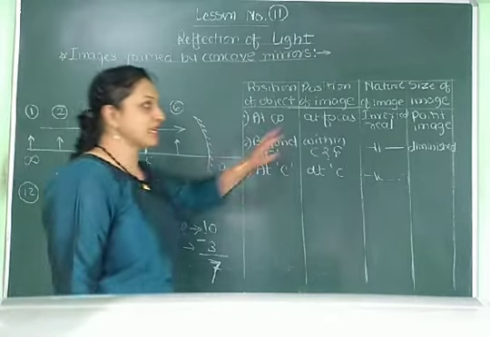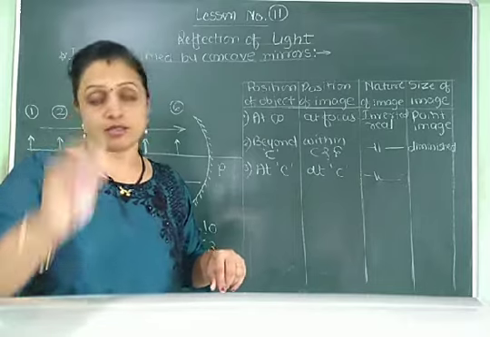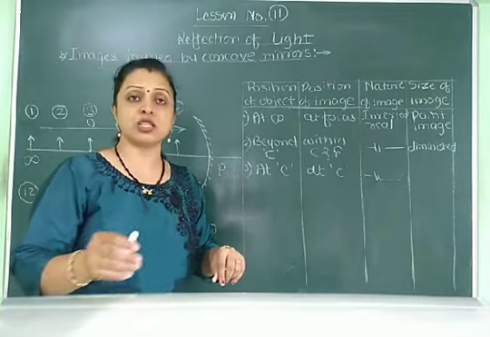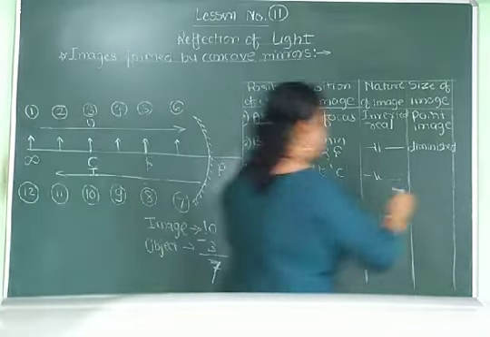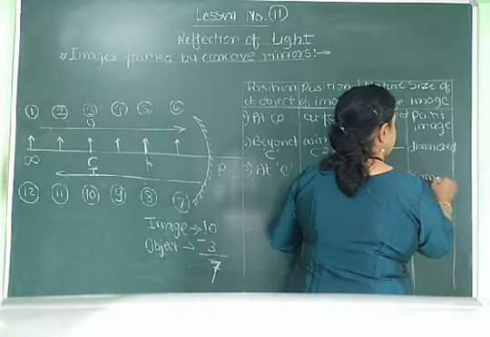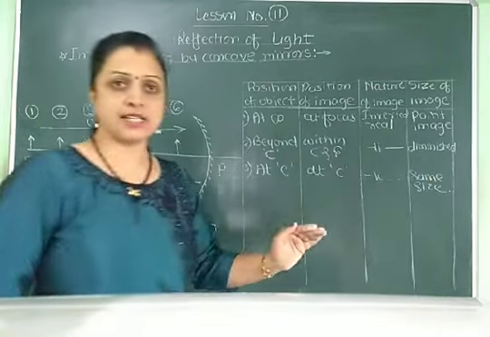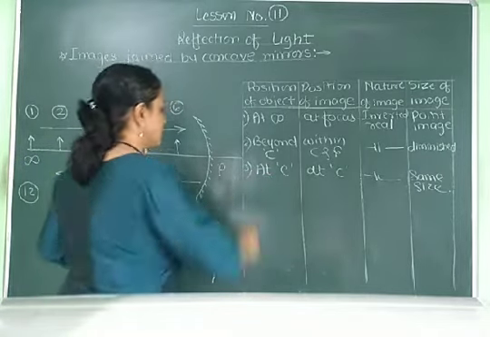And one more thing, if we place the object at C and we get its image at the same position, then the size of the image and object are the same. So the size of the image and object are the same in this third case.